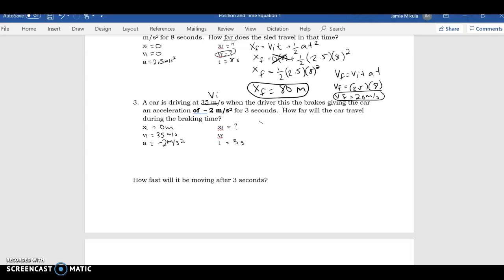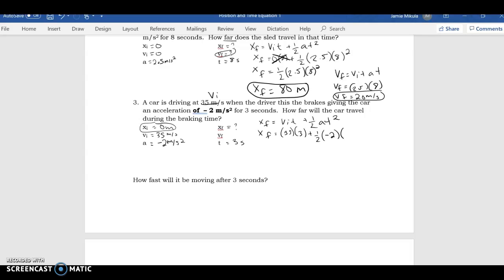How far? Okay, so XF equals VIT plus 1/2 AT squared. And again, I'm going to leave out that part of the formula because that's 0. XF equals VI is 35. T is 3 plus 1/2. Don't forget the negative.